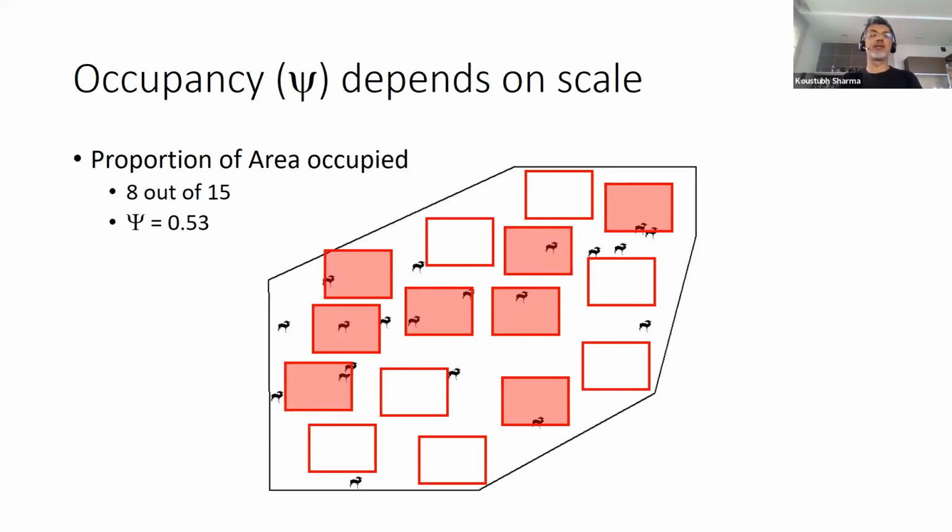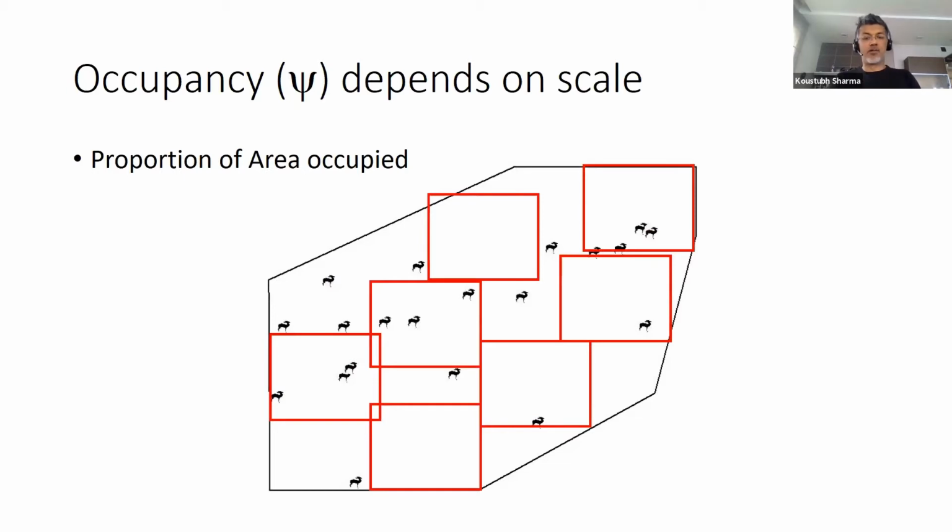So the occupancy estimate that we get is 0.53. You simply divide where a species is present by where all you have surveyed. So if you have surveyed 15 units and found the ibex in 8, your average occupancy of ibex is 8 divided by 15, which is 0.53.